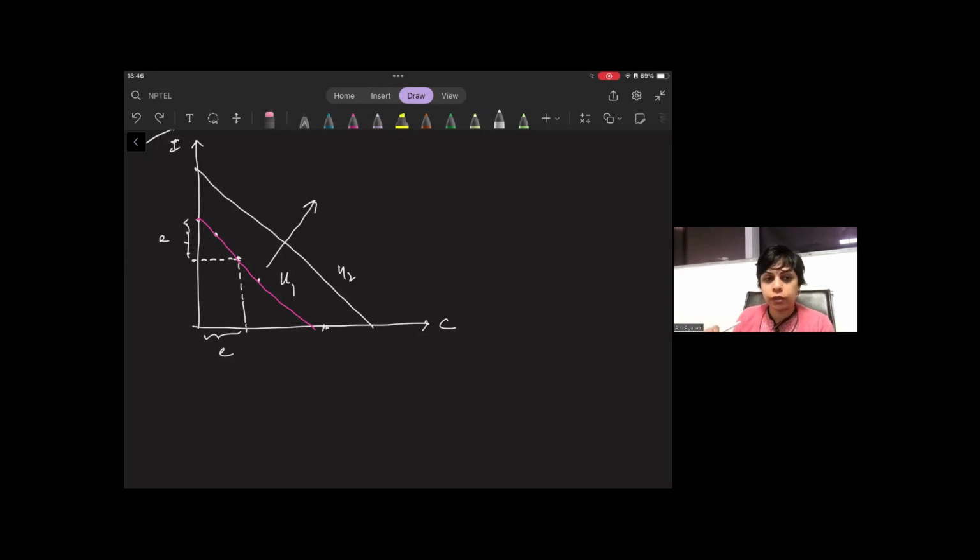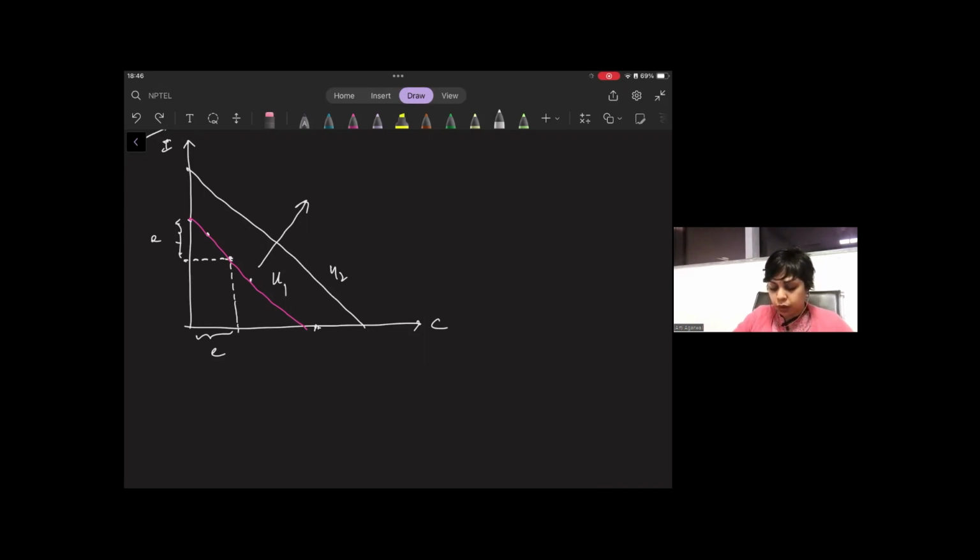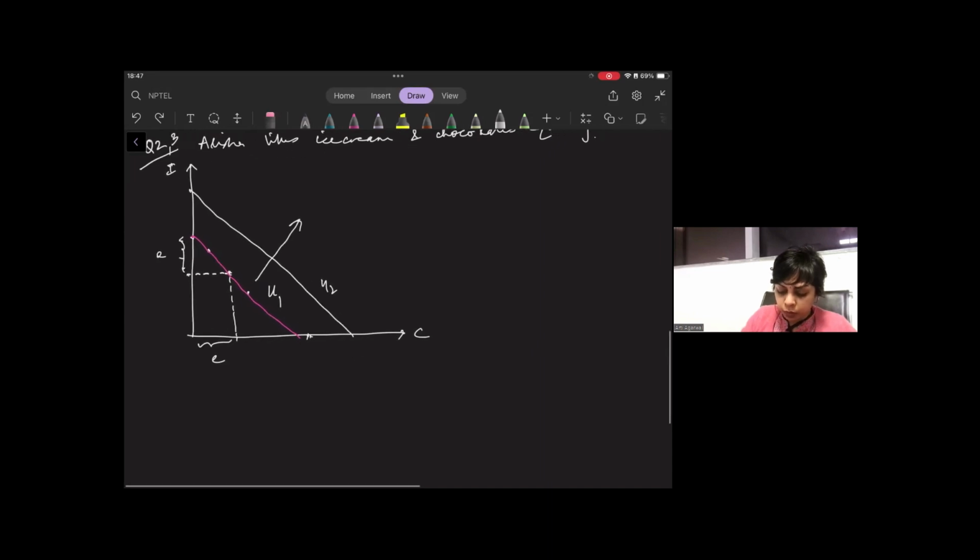I'm talking in terms of function, not as a set, but when we're talking about convex to origin, we're talking about the shape of the curve basically. So the line has no curvature as such, so it can go both ways, depending on how you have framed it. So even if this was the other way around, it would still work.